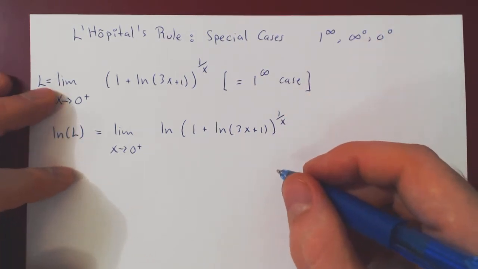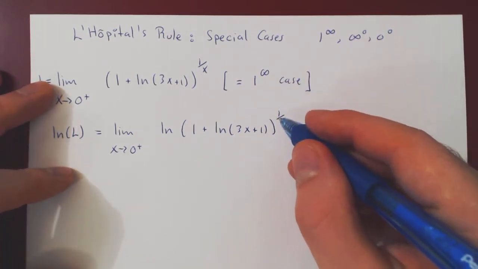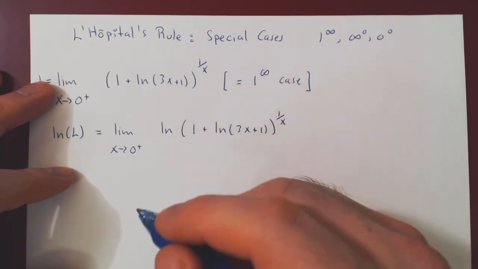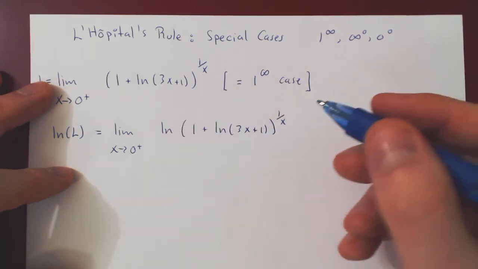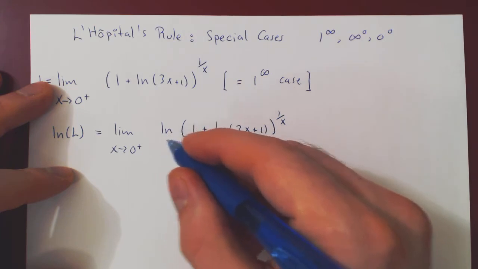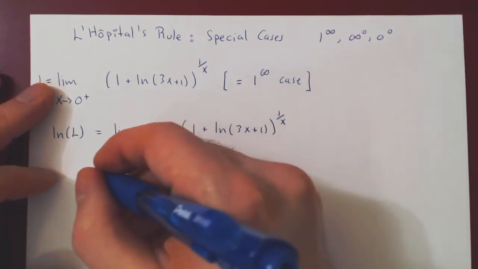And now we can use properties of logarithmic functions. We can pull the exponent up front as a multiple of ln, but of course if you multiply by 1 over x, that's the same as dividing by x.